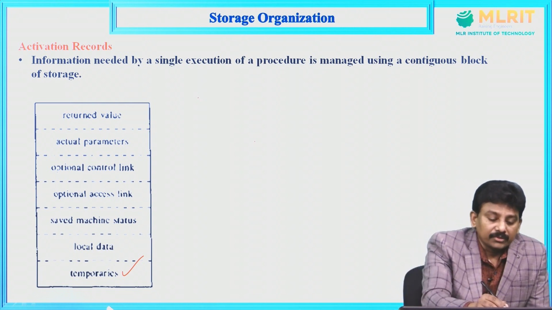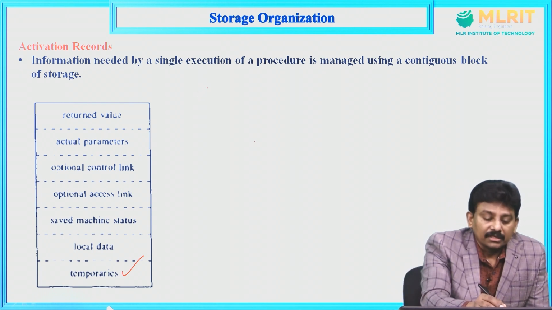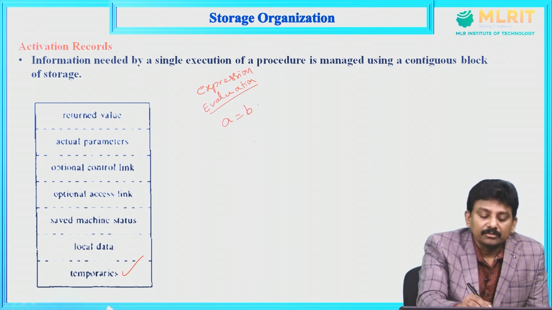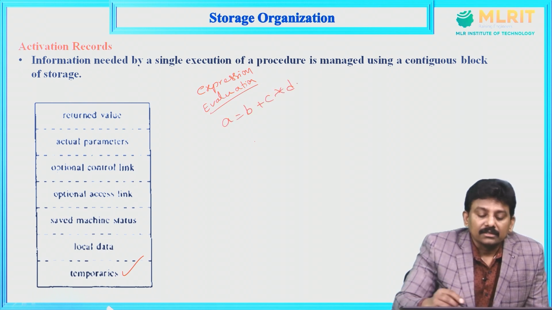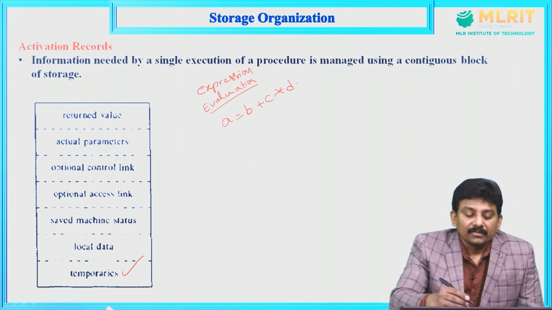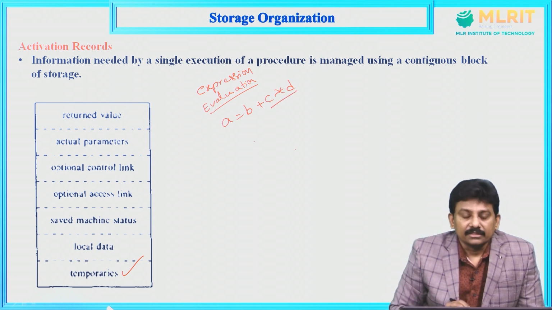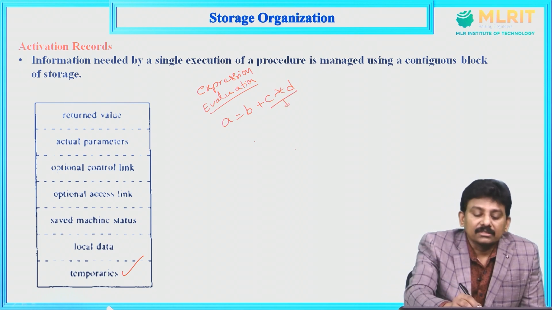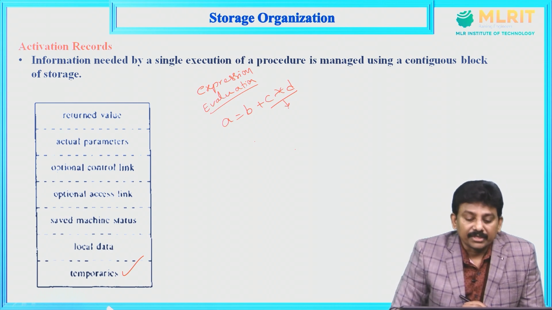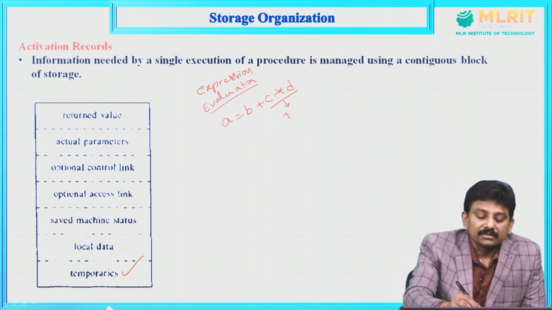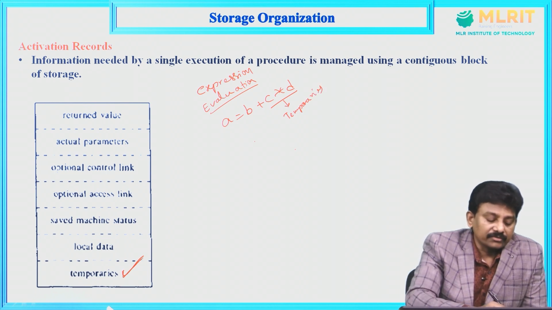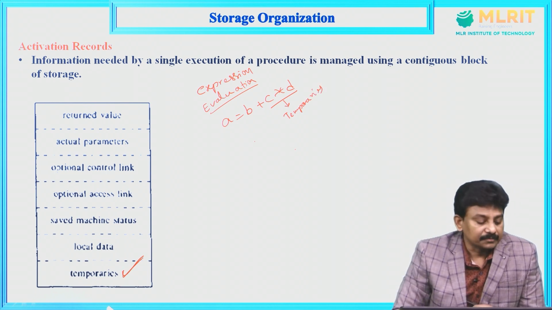For example, in the expression evaluation A = B + C * D, first C * D is evaluated, which gives an intermediate result. Those temporary results are stored in this field of the activation record.